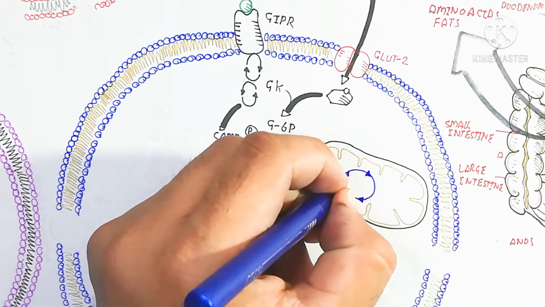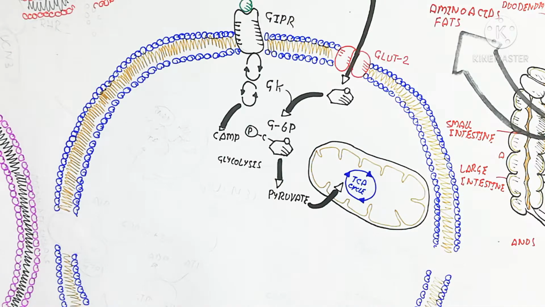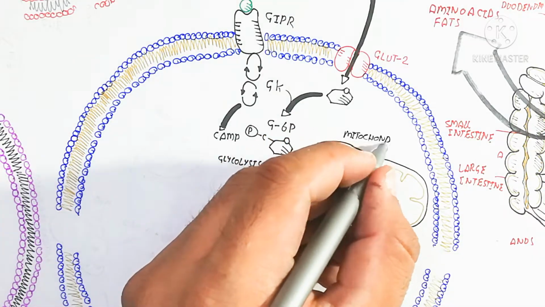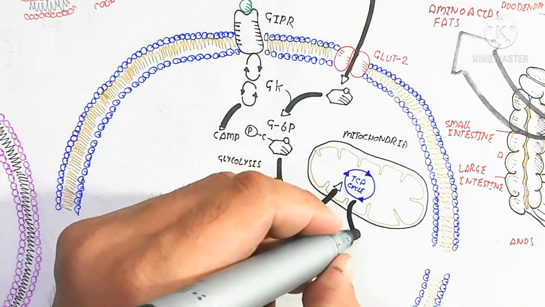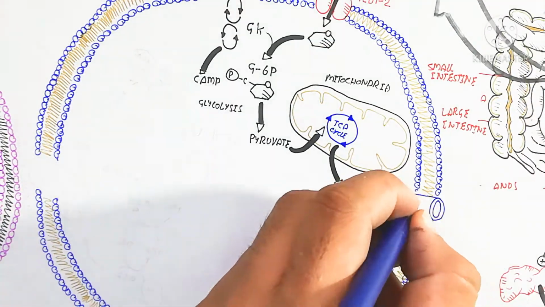This is a separate mechanism, while the GIPR receptor binding with GIP is a different mechanism for stimulating the release of insulin.